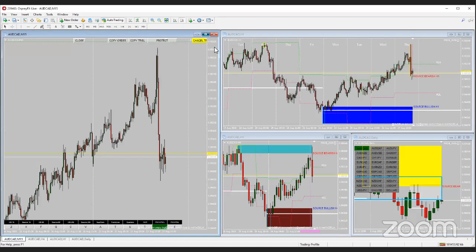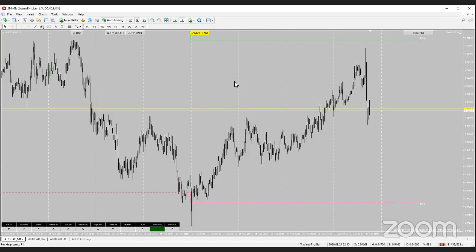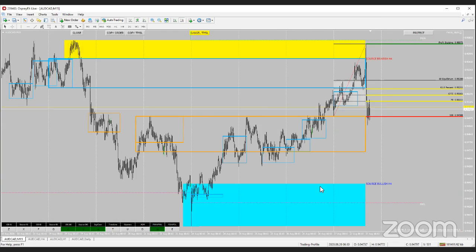So let's take the 15-minute order flow, okay? And let's just say on a 15-minute order flow, as soon as this goes bearish, if this closes below this order block, we'll go to a bearish order flow. Right now we're in a bullish order flow on an H4, but if we close below this order block, you can see that there's the highlighted gray structure.